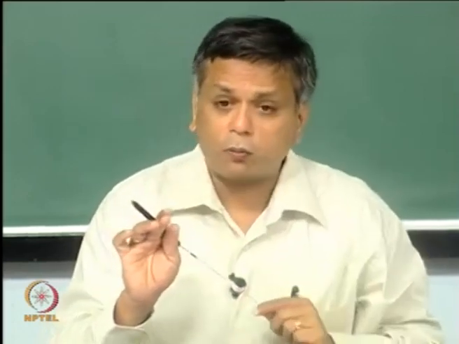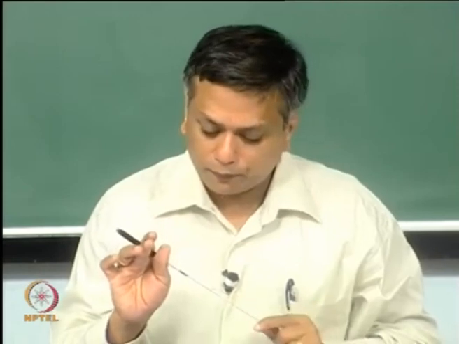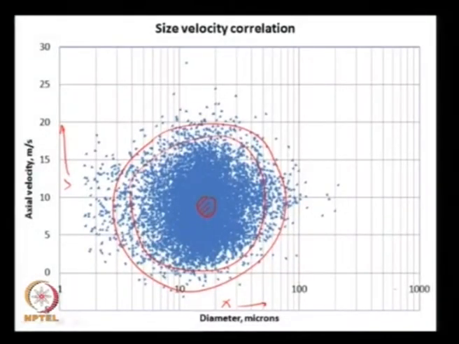Now, I want you to pay close attention to one thing. The diameter scale here is logarithmic. That means, in the log of the particle size, I get what to me looks like a Gaussian or normal distribution curve in the diameter space.